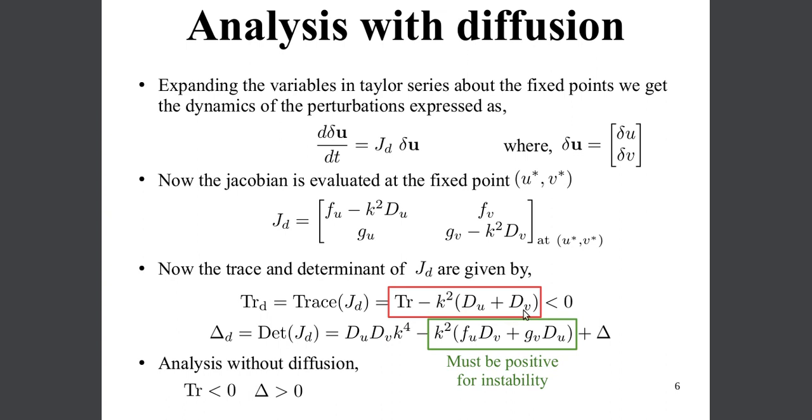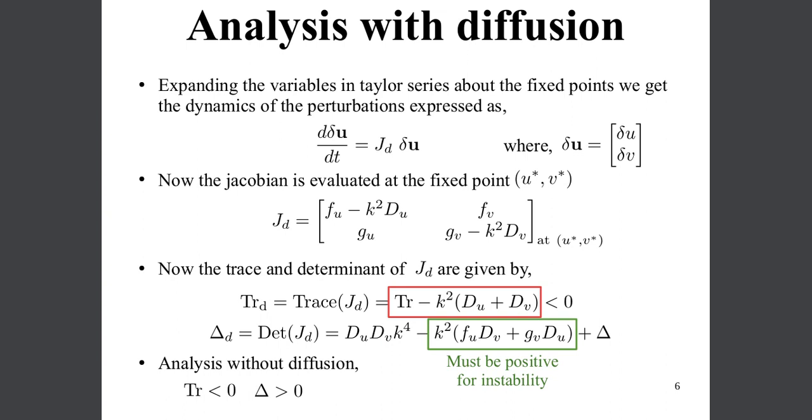So this term is totally positive, and in front of it there is a negative sign, and it is another negative, so it must be negative. Trace must be negative. So it is not possible to have two eigenvalues and both of them positive. But for instability we need at least one positive eigenvalue.